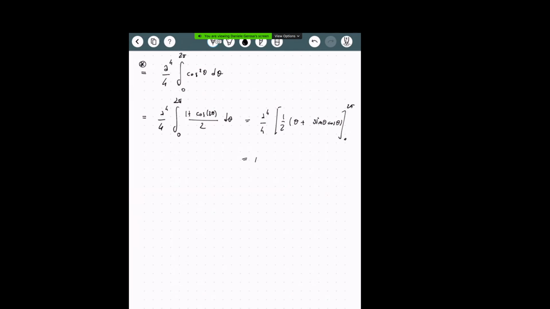And this is equal to pi times a to the power of 4 divided by 4. This is the result. So, do you have questions about this?